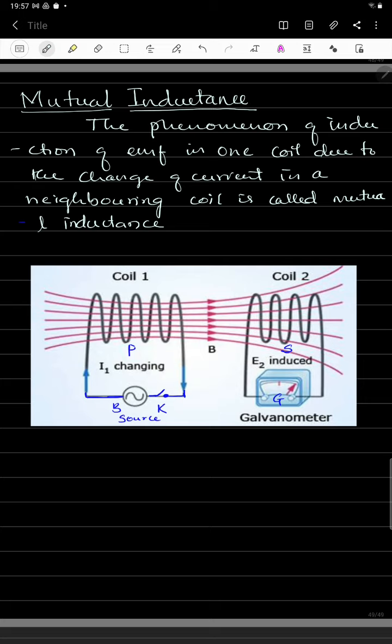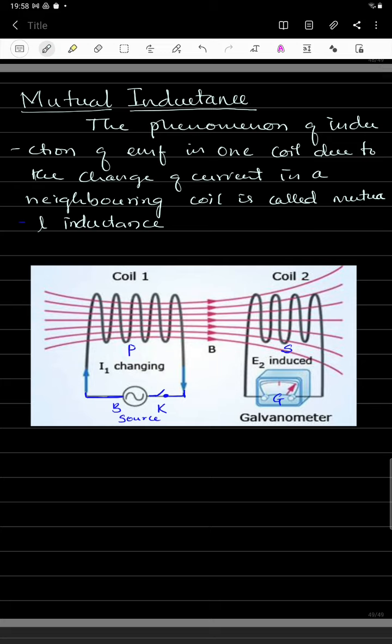When the electrical current is passing through the coil, magnetic flux is generated, or a magnetic field is generated.